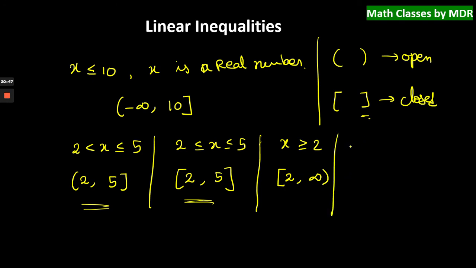Suppose we have something like minus 8 less than or equal to x less than 3. That means all the values between minus 8 and 3, including minus 8 and excluding 3. Excluding 3 means an open bracket. Okay, these are the representations we are going to see in this class.